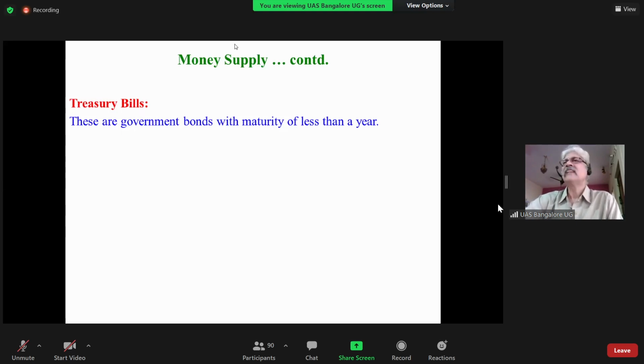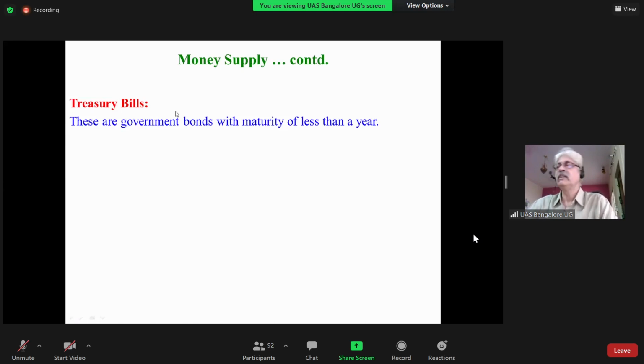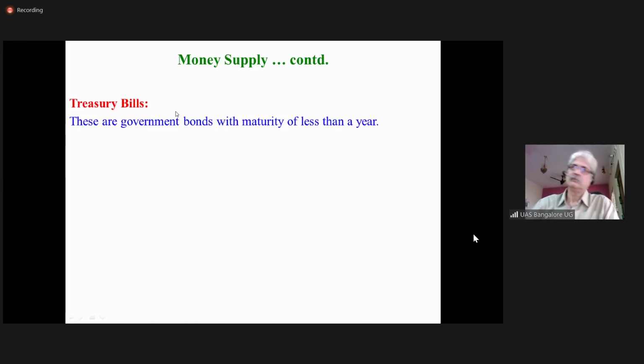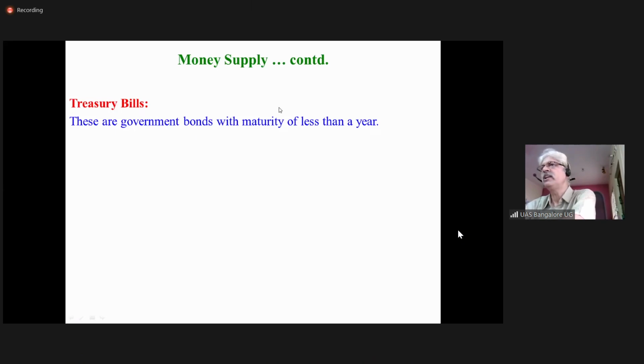Banks purchase the bonds from the government and make payment to the government. Government uses that money for some developmental activities in the country or in the state. And by the end of the period, so 6 months or 9 months, government pays back the money to the bank. So treasury bills. These are government bonds with maturity of less than a year.